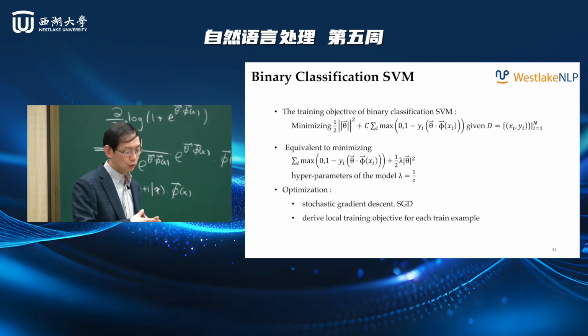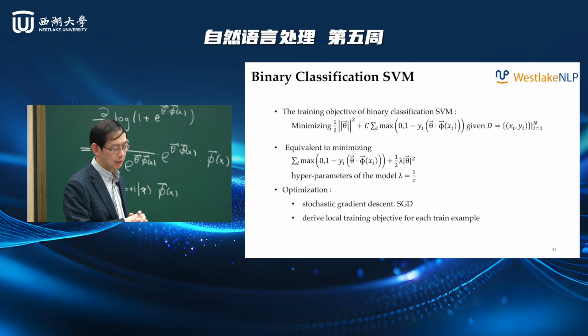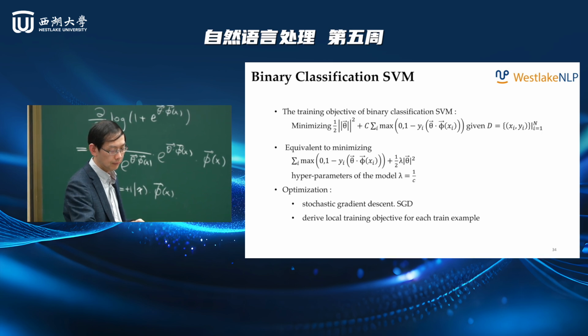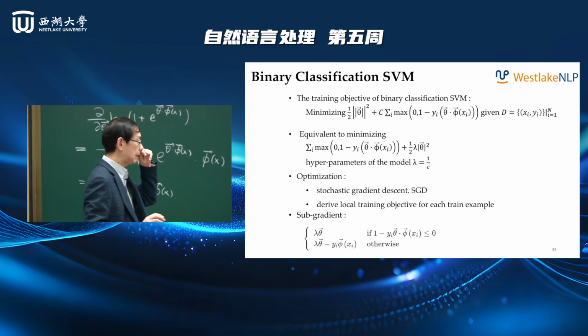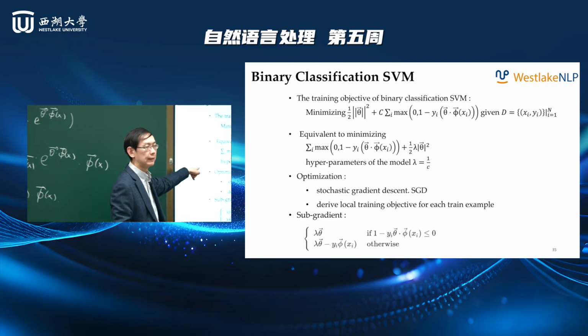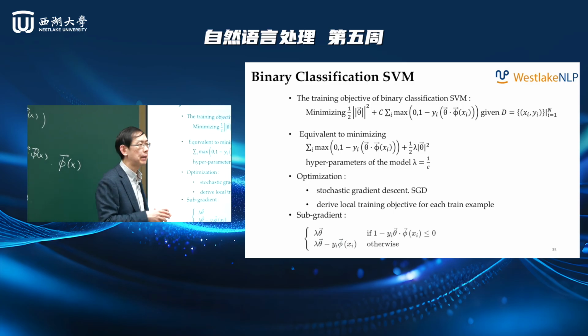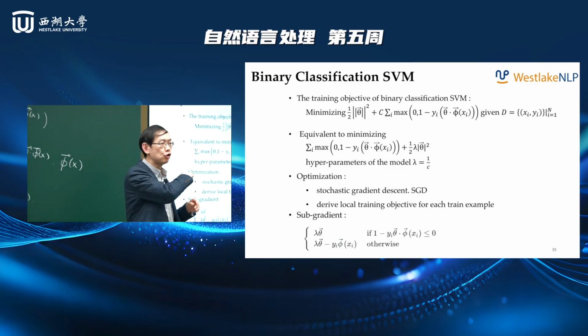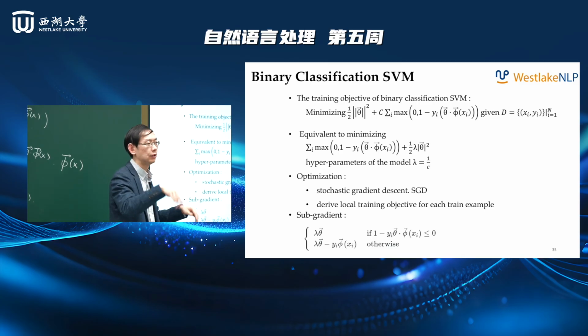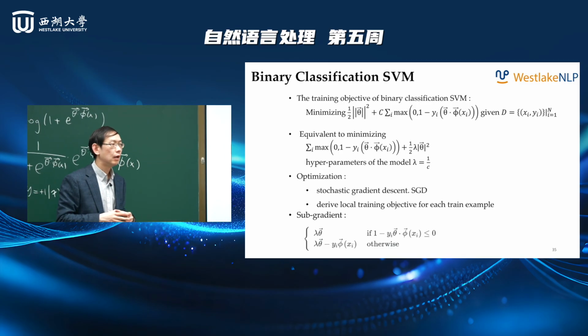So all I need to do is to calculate the gradient of this thing over theta. But you know, this thing has a max on it. And you learn in calculus that max of something is non-differentiable. It's not a continuous function, not smooth, right?